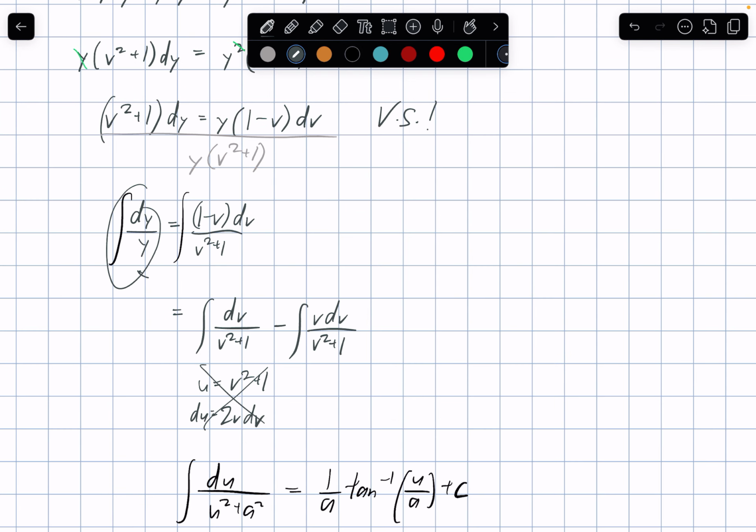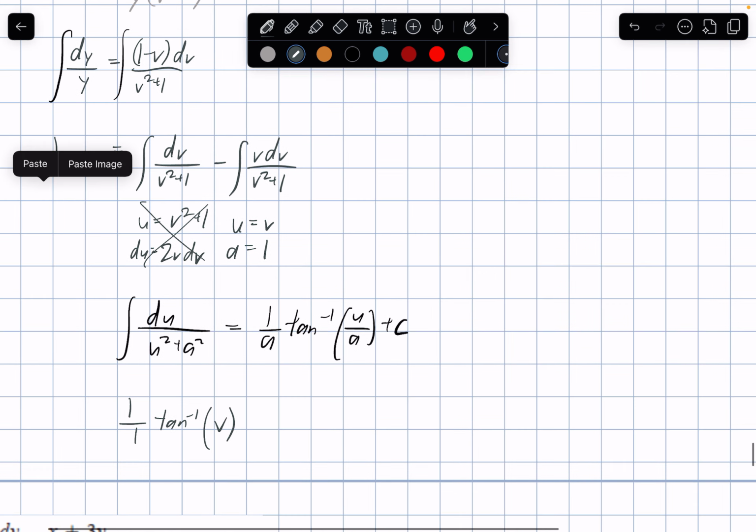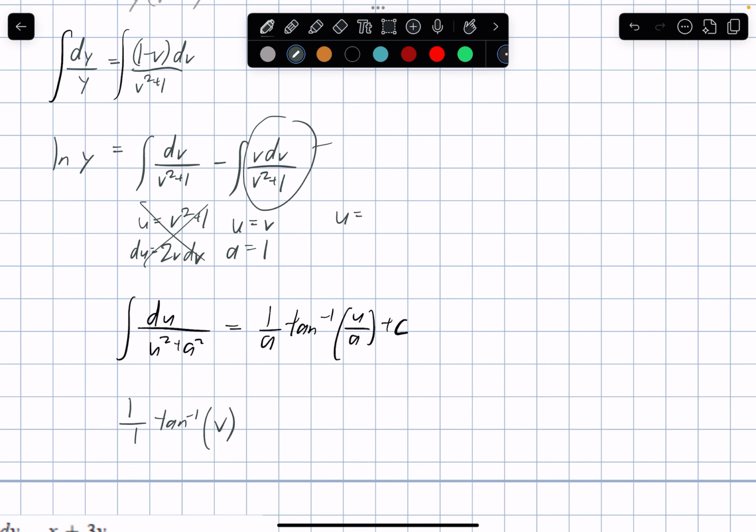This one is just ln y. Okay, so we are not lost. u is equal to v, a is equal to 1. So 1 over 1 arctangent u, which is v, a is just 1, so we just have that. Okay, how about the other one? This one.